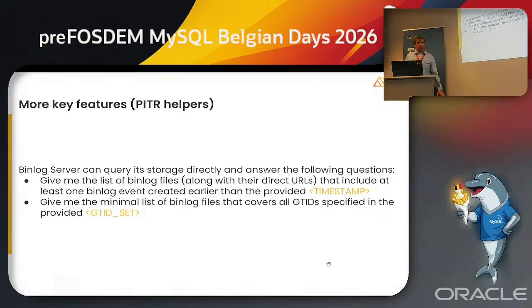They want, for instance, to do a point-in-time recovery up to a certain timestamp, and what we need to provide them is a minimal set of binary log files stored in the cloud which are necessary to restore to this certain point in time. Or a similar task: provided that we have a GTID set, give me the minimal set of files which would cover this GTID set. We can do this now.